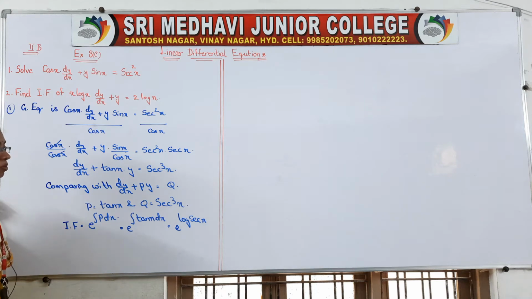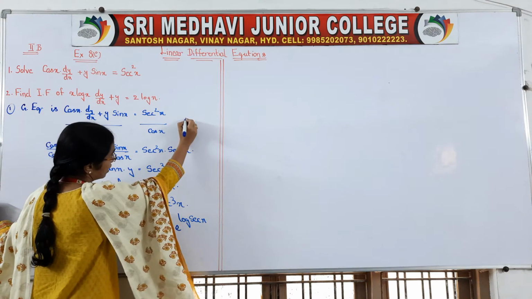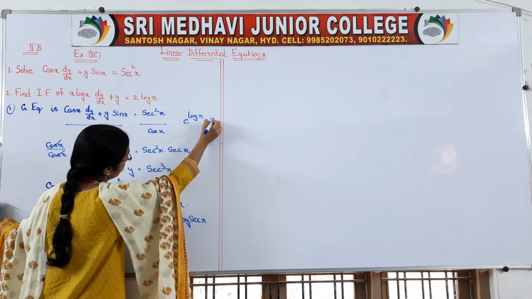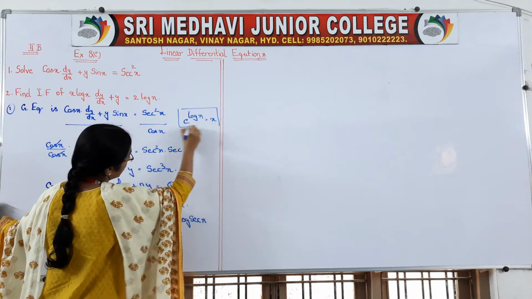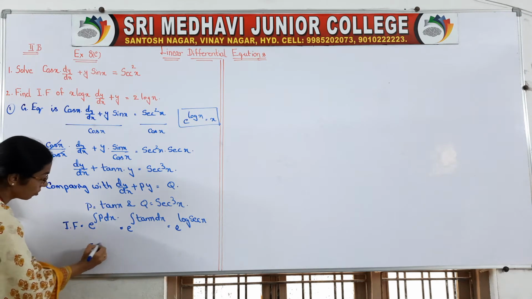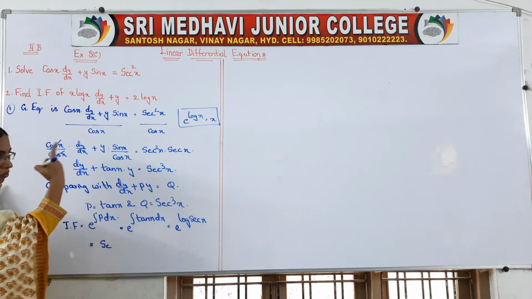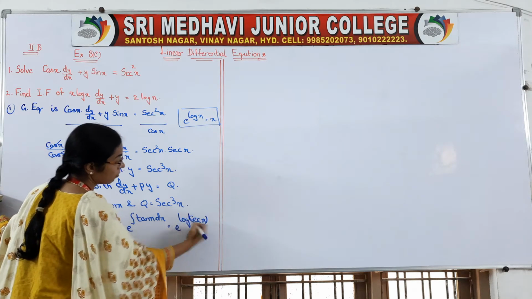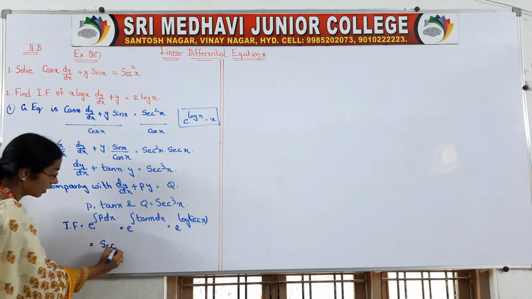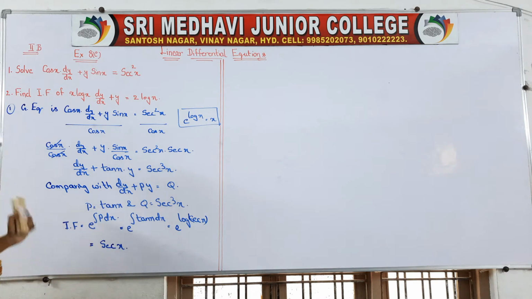You know it very well: e to the power of log of any variable is equal to that variable. So here e to the power of log of secant x is equal to secant x. This is our integrating factor.